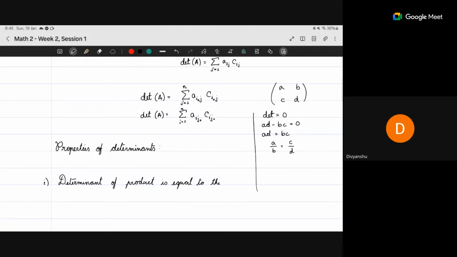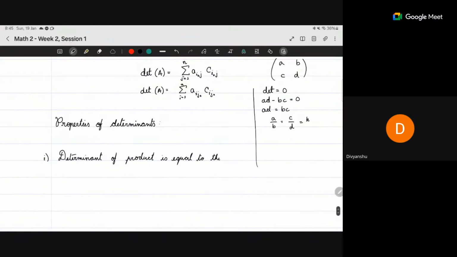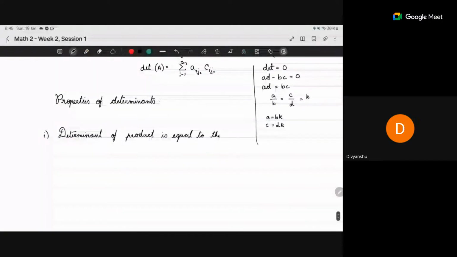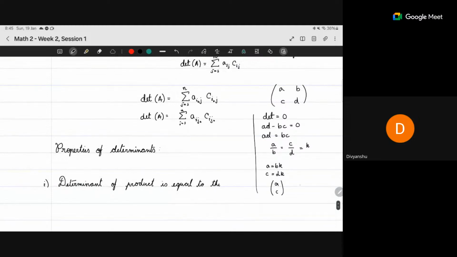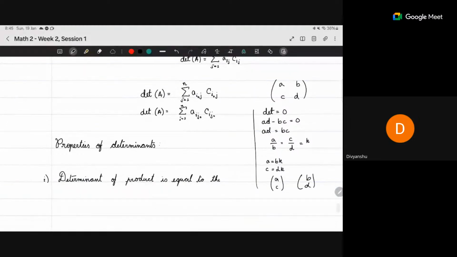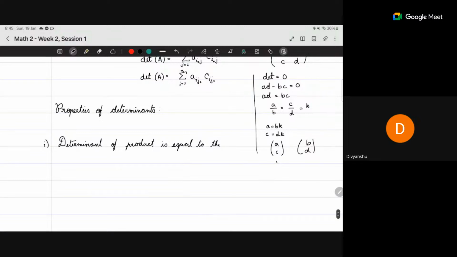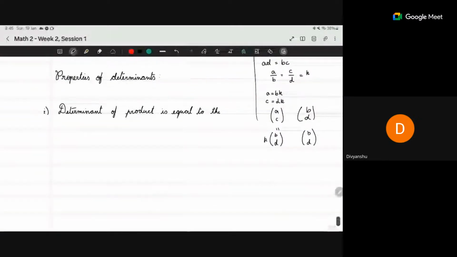If you do this, suppose you call it some k. This will be a is equal to bk and c is equal to dk. So your column vectors, they were actually (a, c) and (b, d), and this is actually equal to (bk, dk) and (b, d). So one column is actually a multiple of the other, correct?